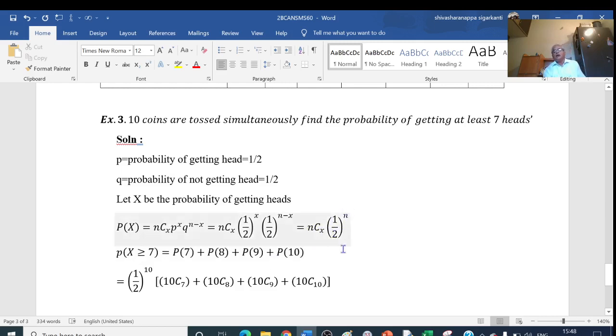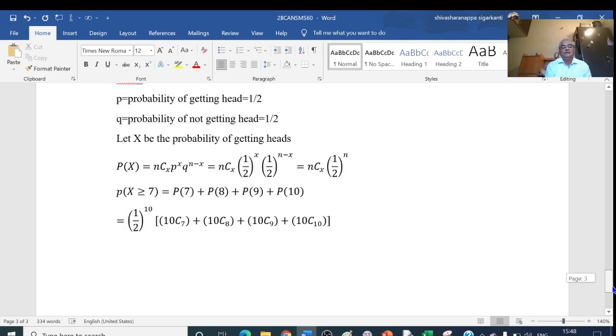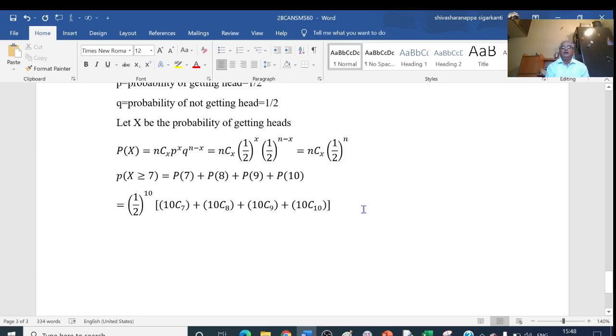In each term I am having 1 by 2 to the power of 10. Therefore, I am writing this 1 by 2 to the power of 10 outside. Then within the bracket I will write 10C7 plus 10C8 plus 10C9 plus 10C10. And you can simplify this value. Okay, thank you. I will stop here.